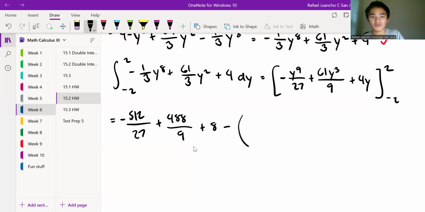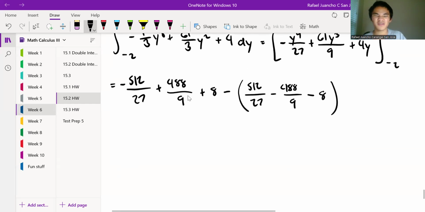Then I subtracted, a negative of this thing. So this is positive 27. This is -488 over 9. This is -8. So I basically get the value of this and multiply by 2 pretty much. So I could make this all 27 because why not?